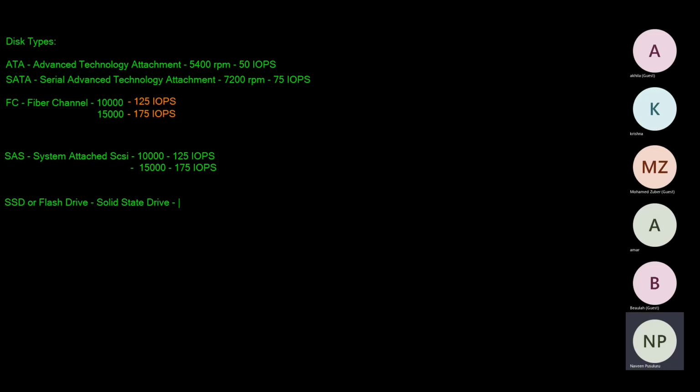Everything is solid state. That is the reason we call it SSD, solid state drive. Everything will stay still. And when it comes to SSD, there will be no RPM, zero RPM.